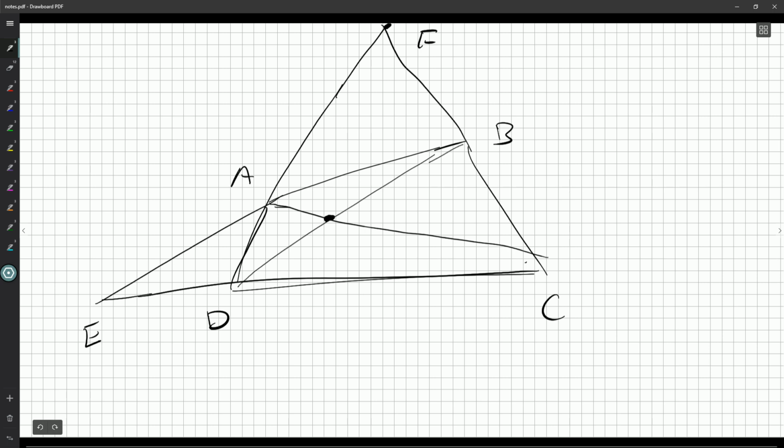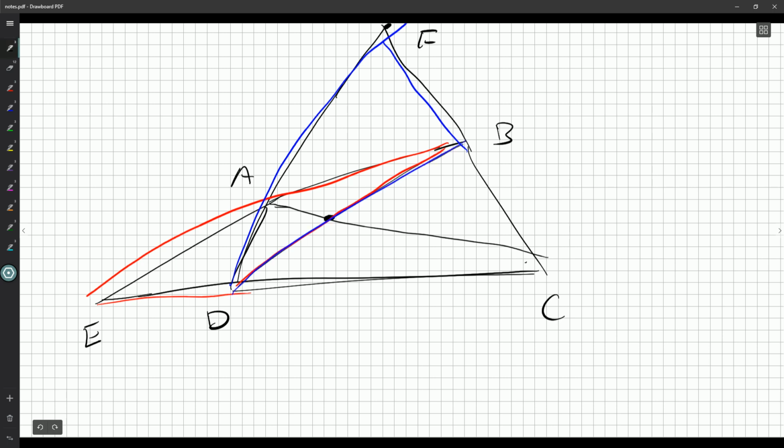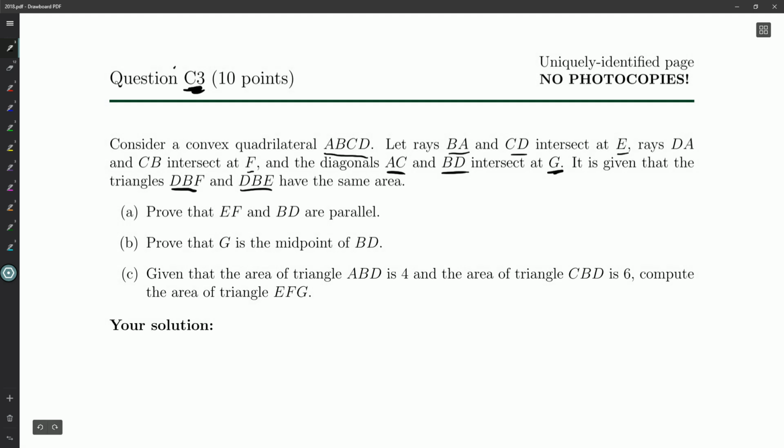And what was it? DBE is the red triangle, and DBF have the same area. So that's what we're told so far. Again, we might redraw this picture. I'm going to redraw this red line here. Okay, so that's true for my quadrilateral ABCD.